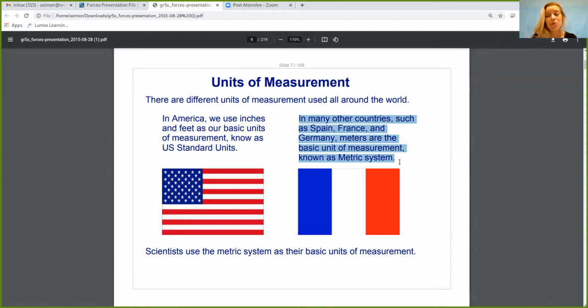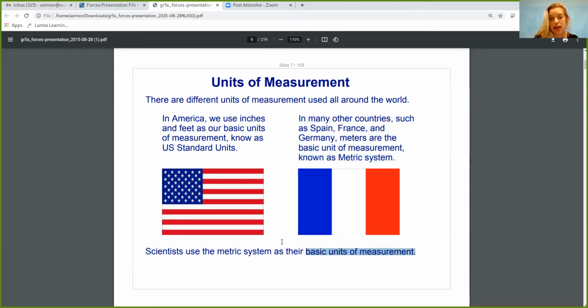The metric system is much easier to understand and calculate things in, so I'm not really sure why the United States has to be different and use the US standard units, okay? The metric system is what the rest of the world uses, and it's a lot easier to convert things. Also, all science is done using the metric system.